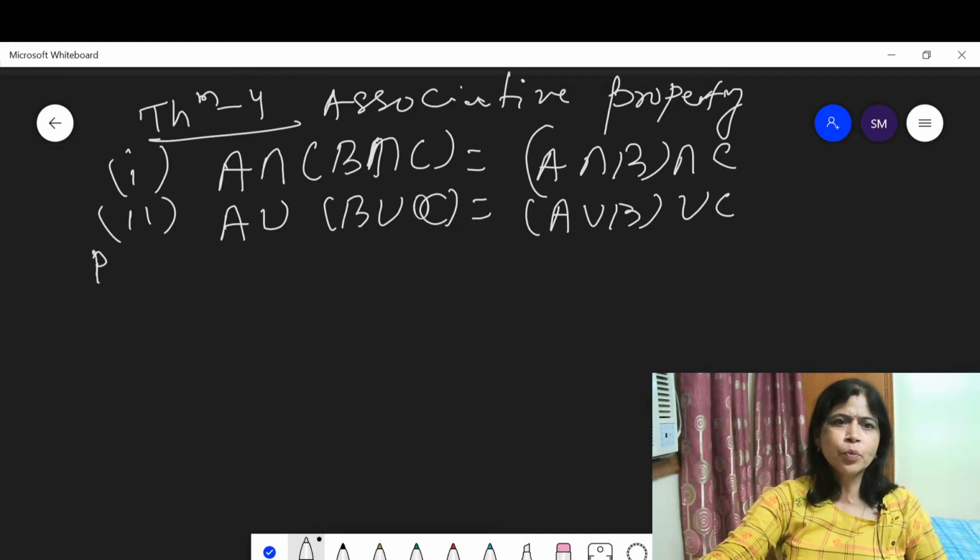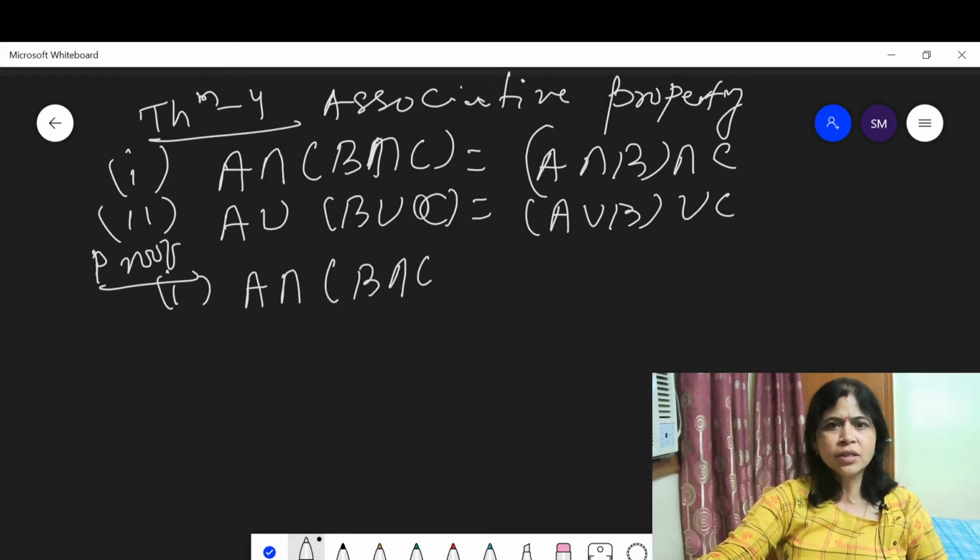Here we have to prove the first part, A intersection (B intersection C).